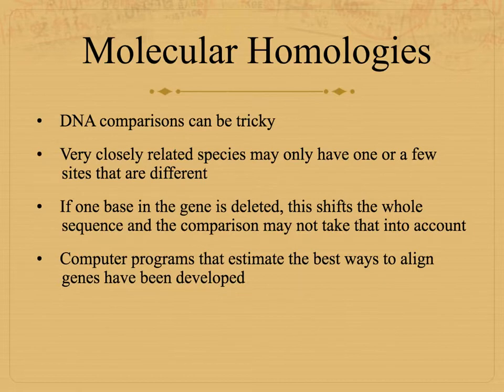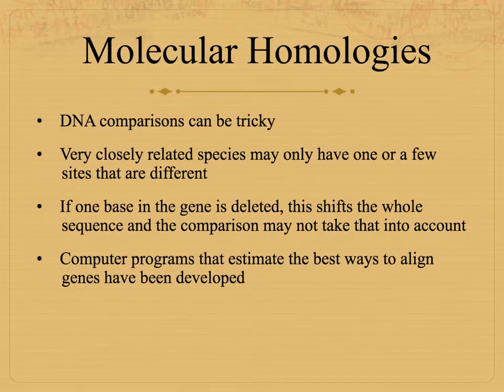Another thing that can happen is sometimes genes are deleted. There are different kinds of mutations, which we'll talk about later. One of those is a deletion, which means we've actually lost part of the gene, or only one base, like one letter, A, T, G, or C, on that gene. When that happens, if you remember from biology, it shifts everything over one.